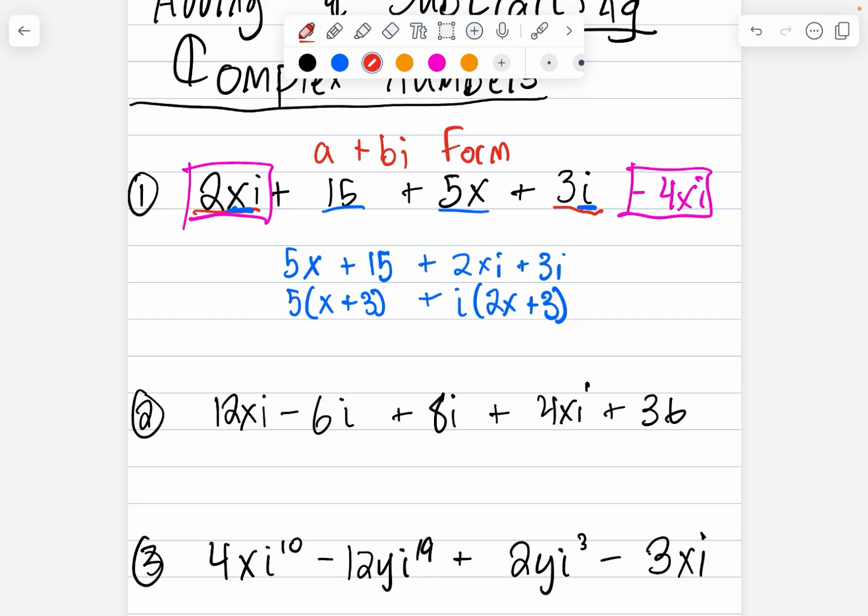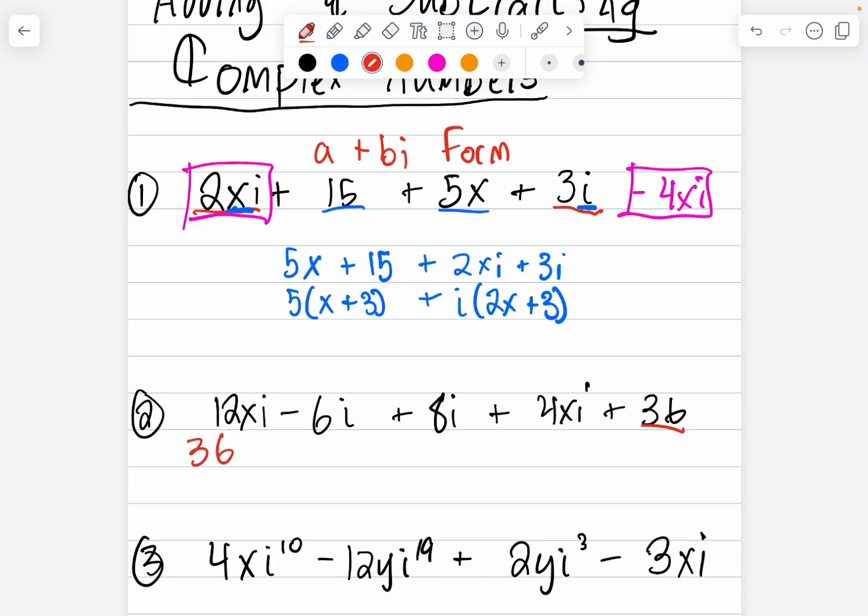All right, so let's try doing this. Again, I'm going to rearrange everything: the i's with the i's, and the non-i numbers, which are just real numbers, by themselves. So I'm going to put the real numbers first. This is the only real number I see, 36. So I have 36.